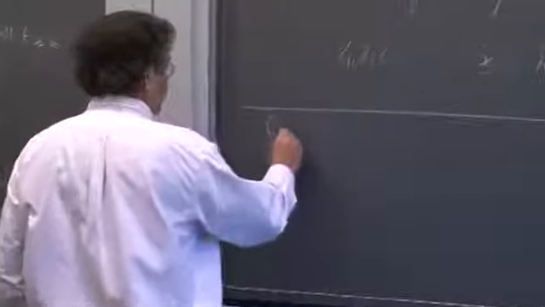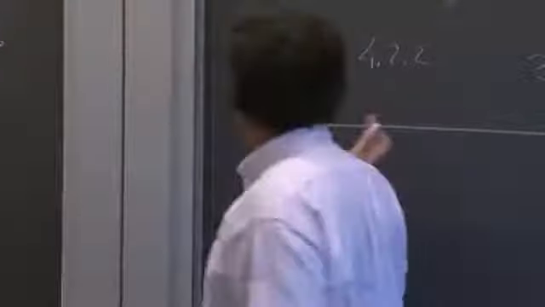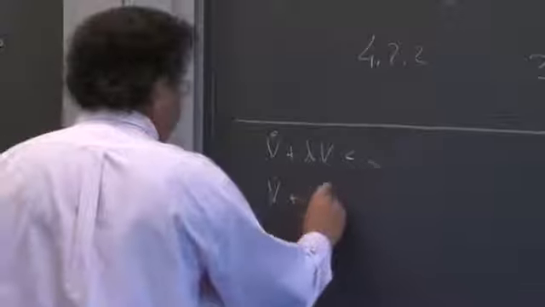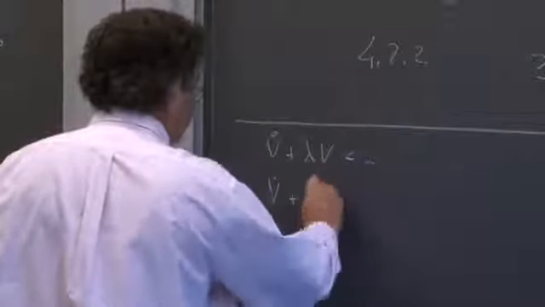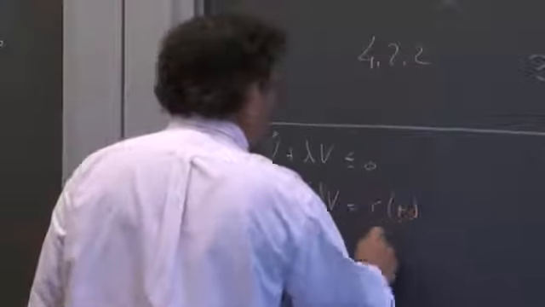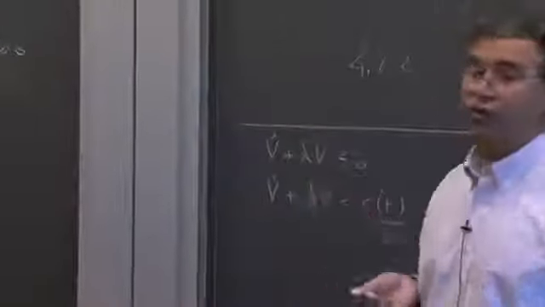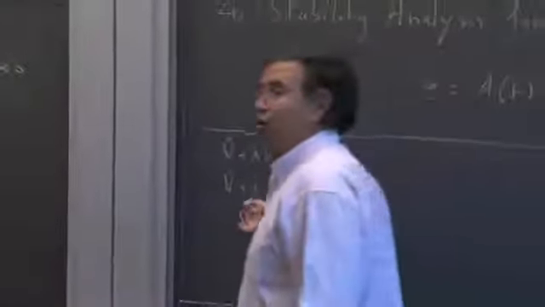So the trick, if you're not familiar with this, is to take V dot plus lambda V less than or equal to 0 and write it as V dot plus lambda V equal to some function r of t, which is negative or 0. We haven't said anything new. Instead of saying less or equal to 0, we call it some r of t, and that r of t is negative. Okay, so far so good?